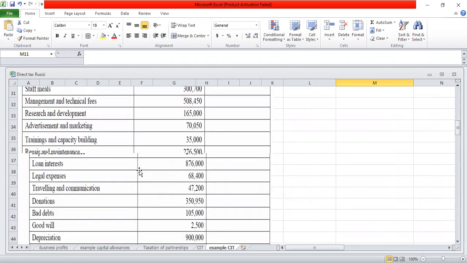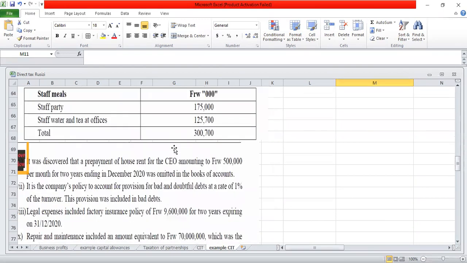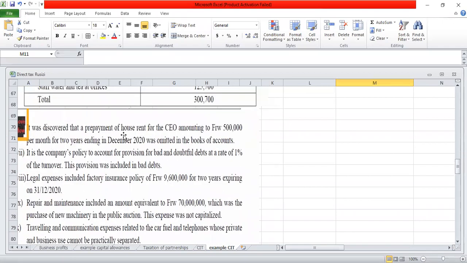Then another one is management and technical fees.